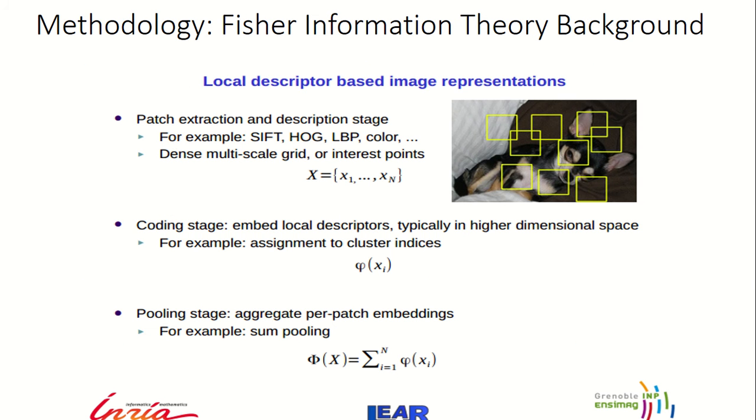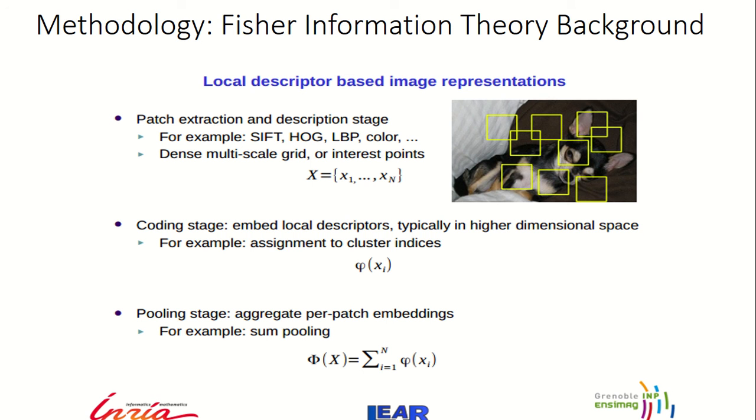Here I would like to mention a nice relationship between the Fisher vector idea and bag of visual words or simple dictionary learning approaches. Before the advent of deep learning, it was not possible to simply come up with a global representation of an image. So people used to employ local descriptors.